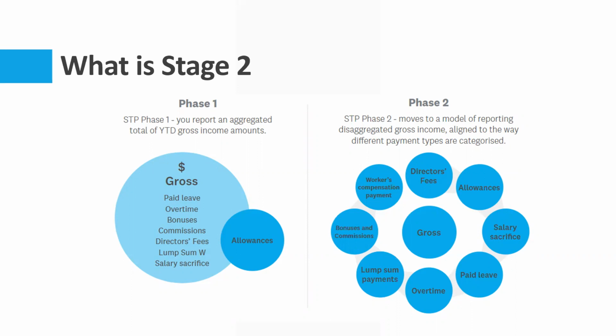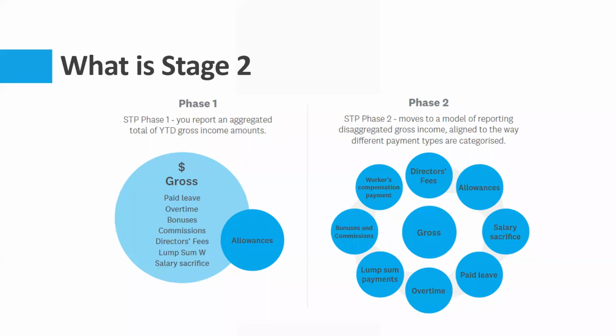Income payments are still to be reported as year-to-date amounts. However, instead of reporting a single gross amount, you will now disaggregate them into one of the following categories: directors' fees, allowances, salary sacrifice, paid leave, overtime, lump sum payments, bonuses, and workers' compensation.